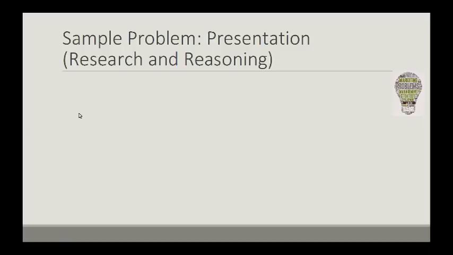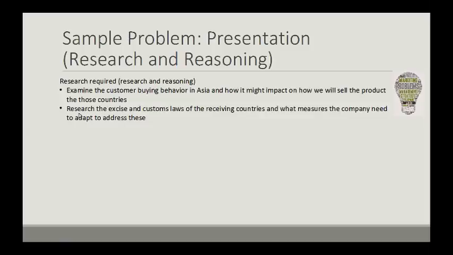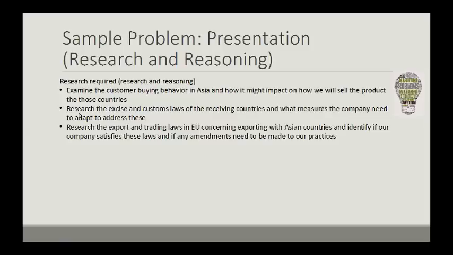Research and reasoning techniques. Research required. The learner is required to examine the customer behaviour in Asia and how it might impact on how the company will sell the product in those countries. They are required to research the excise and customs laws of the receiving countries and identify what measures the companies need to adapt to these.